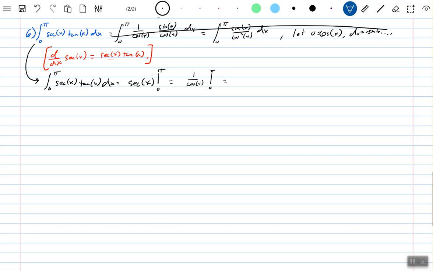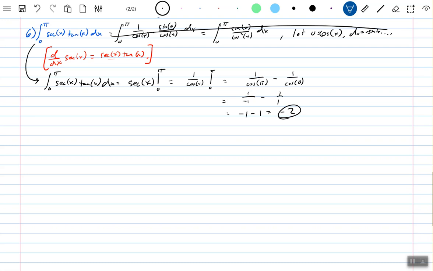Well, that's 1 over cosine of pi minus 1 over cosine of 0. That's just equal to 1 over negative 1 minus 1 over 1, which is negative 1 minus 1, equal to negative 2, right? So, simple and straightforward as that, right?